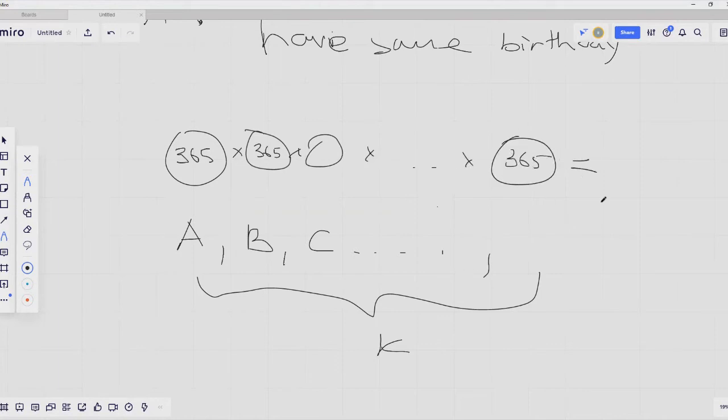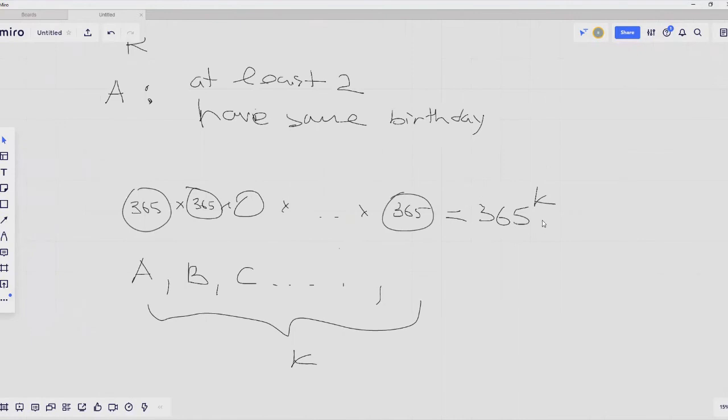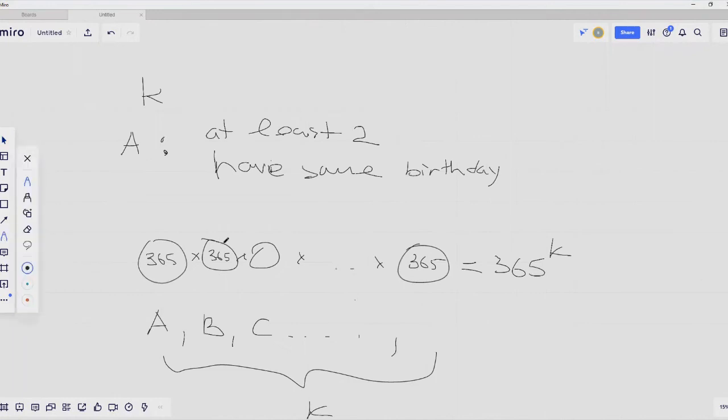So there are k people, and the total number of ways of choosing those k people from the general population is 365 to the power of k. Now, let's calculate the number of sequences we have in the following event where at least two have the same birthday.